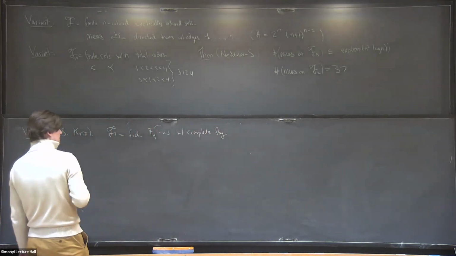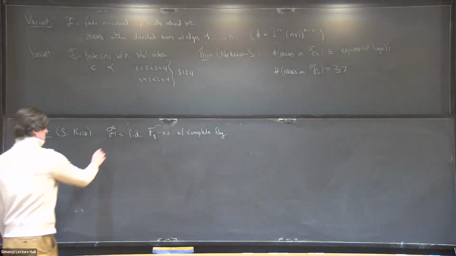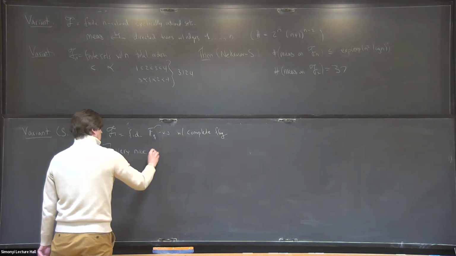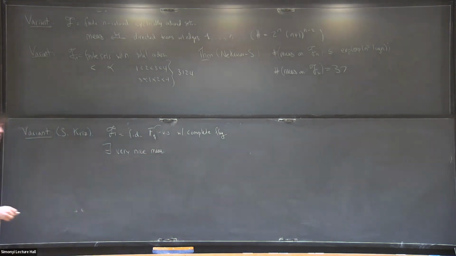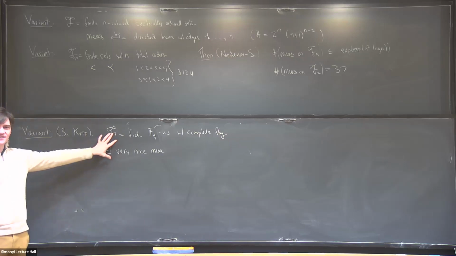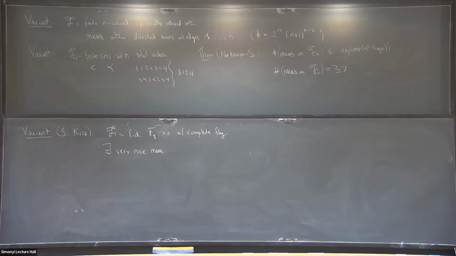And Sophie found a measure, so there exists a very nice measure in this case. I don't know if the complete classification of measures is known, but this is certainly the best one, the one that she found. Actually, the one that Professor Deligne found is better. This measure leads to a nice tensor category, which is why I say it's very nice. Really what she was interested in was constructing the tensor category.